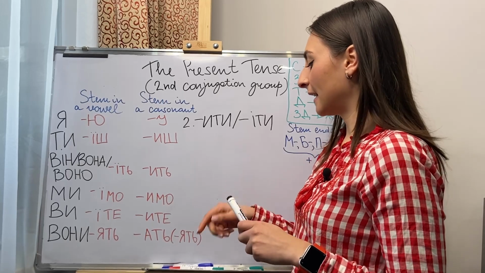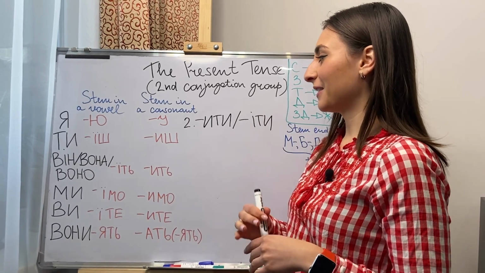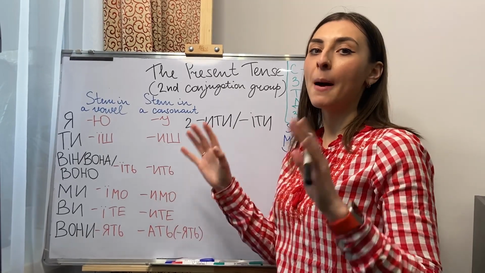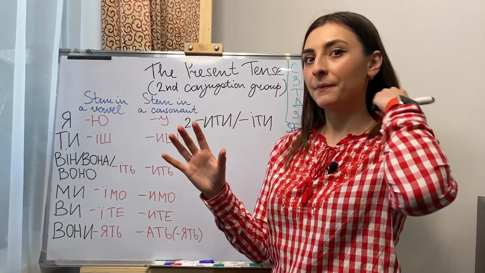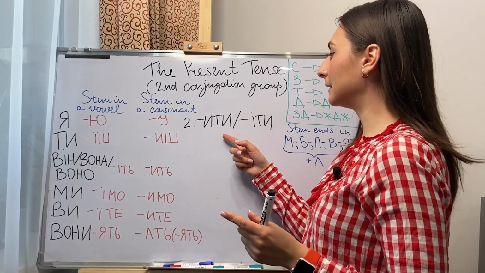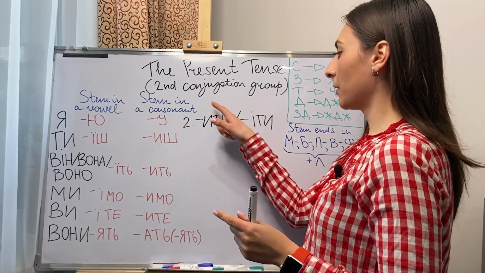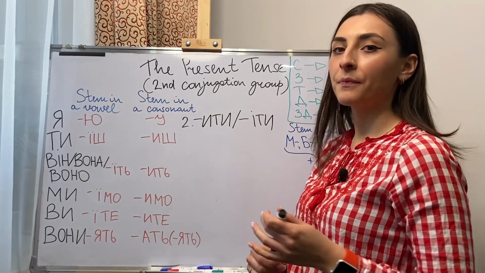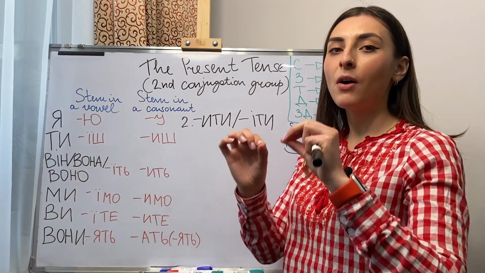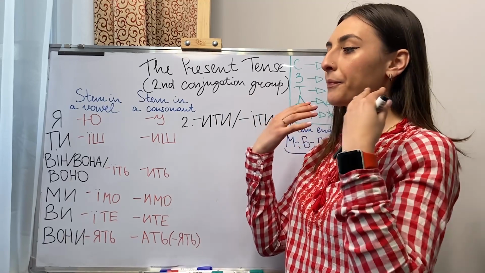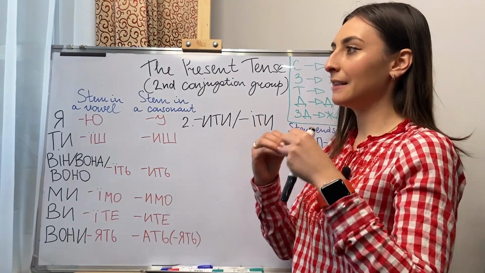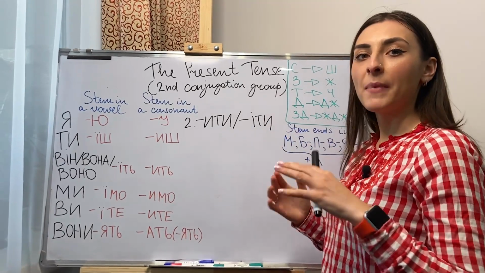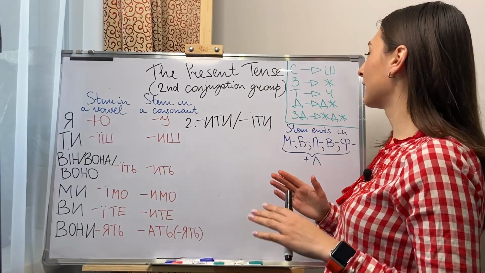So guys, I told you that the first one has the ending ити, this one too, but the difference is when we have this ити and іти, and when we drop these endings, then the stem of these verbs ends in the consonant, and you have to make with them the changing of the consonants.